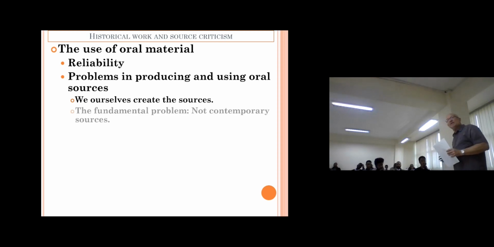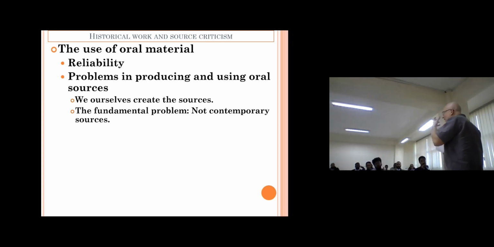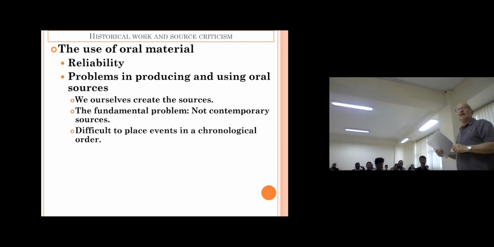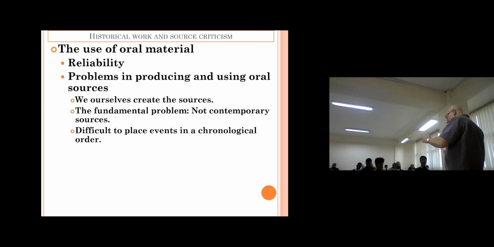We saw that the main fundamental problem is that what we get is not a contemporary source, because what people tell is what they remember of, perhaps sometimes of our past. And they may have forgotten something, they may have distorted some information, changed it, and we saw that it is especially difficult to place events in a chronological order, to find out when it happened, and if they tell about different events, place them in the right order of time.